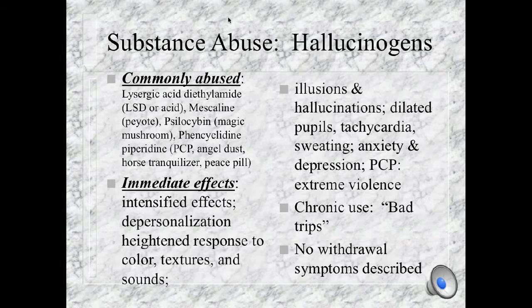Based on this, we know there are a number of neurotransmitters involved in schizophrenia, not just dopamine, because once the individual is under the influence, they have what you call depersonalization. It's an out-of-body experience. There's a heightened sensitivity, called synesthesia, which is a heightened response to all of the senses, whether it's touch, smell, taste, or visual.